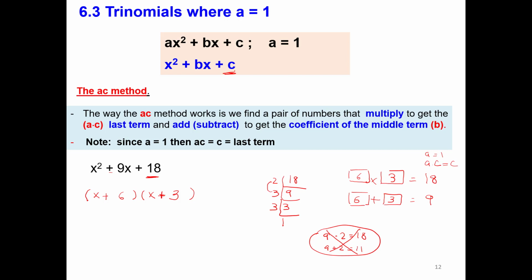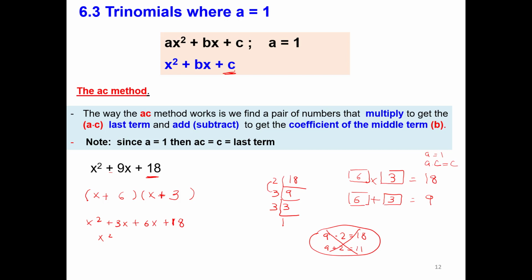And you can double-check if your answer is right. You can FOIL if you want. x times x is x squared. 3 times x is 3x. 6 times x is 6x. 6 times 3 is 18.